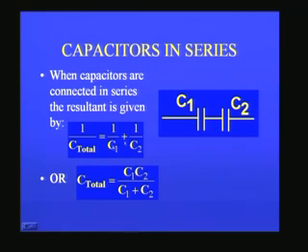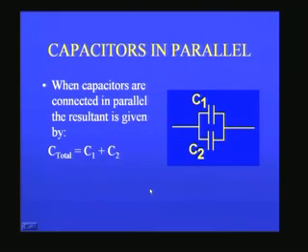This is the formula we will use when you connect capacitors in series. And if I have only 2 capacitors, then the resultant capacitance is given by C1 C2 divided by C1 plus C2, just as we had a similar situation with parallel resistors.